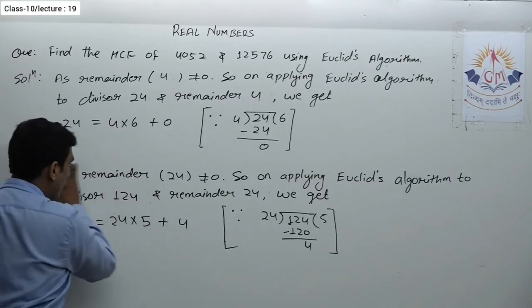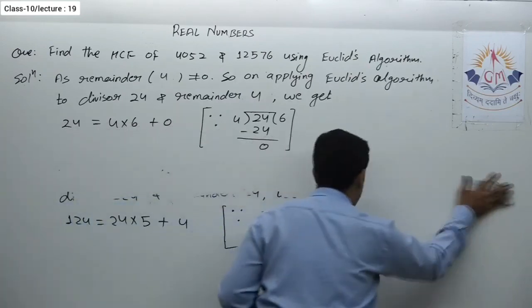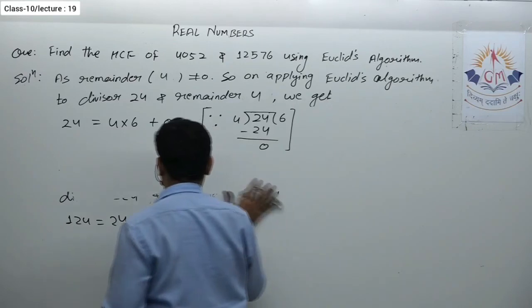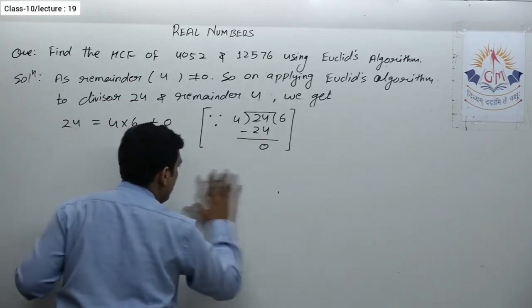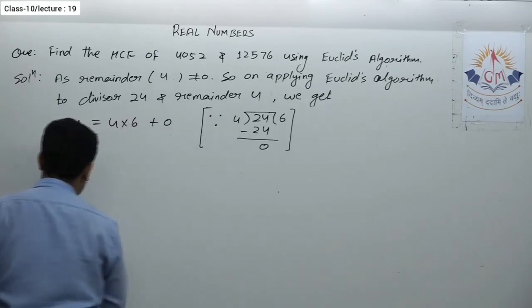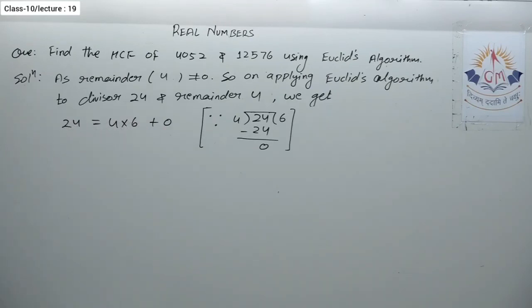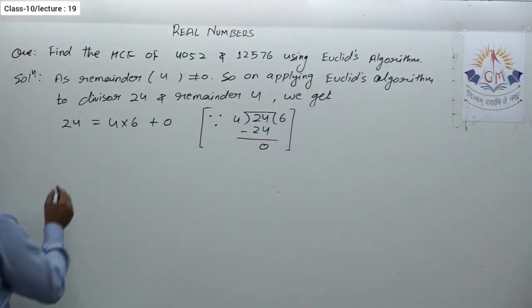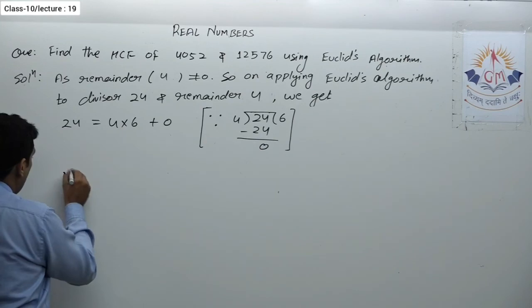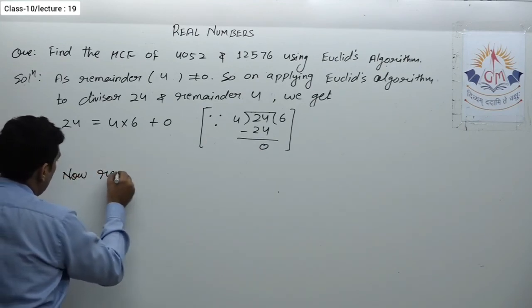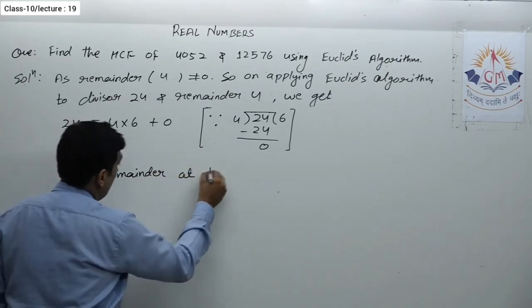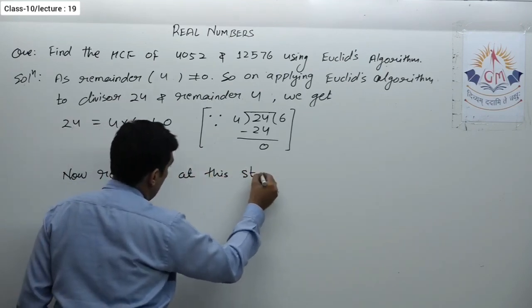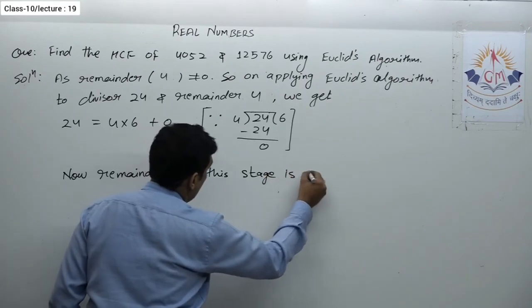So now I will conclude that over here. At this stage, as remainder is 0, I write: remainder at this stage is 0.